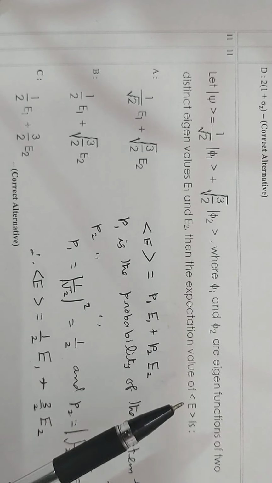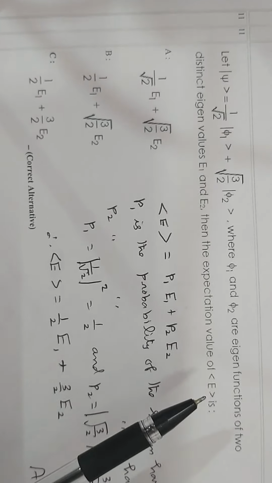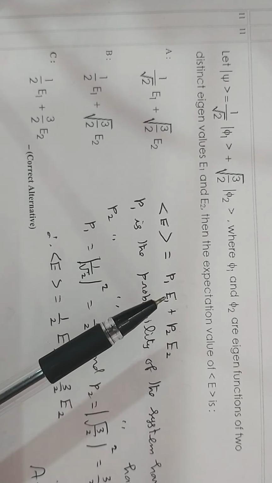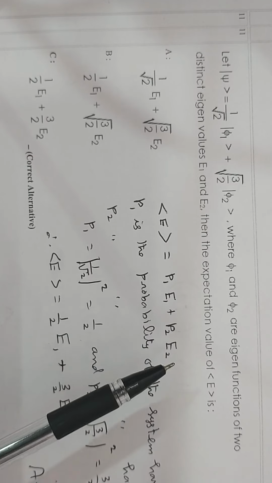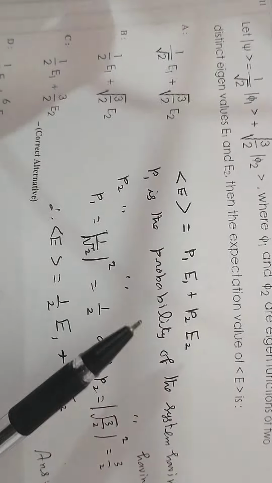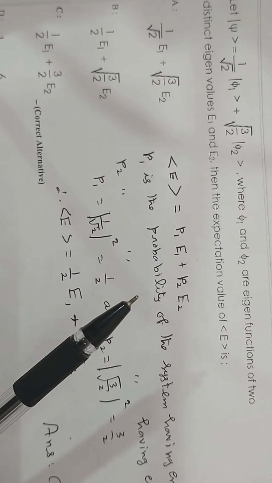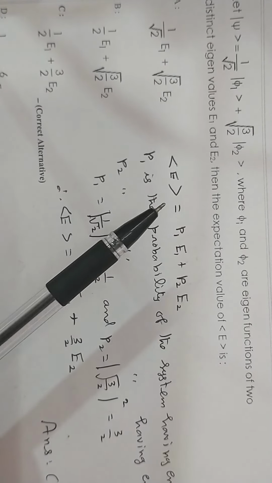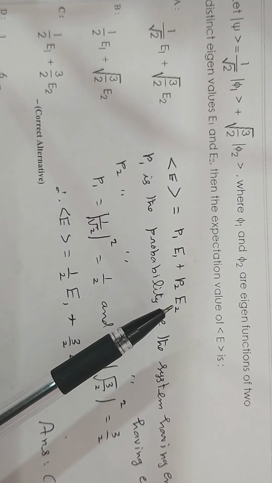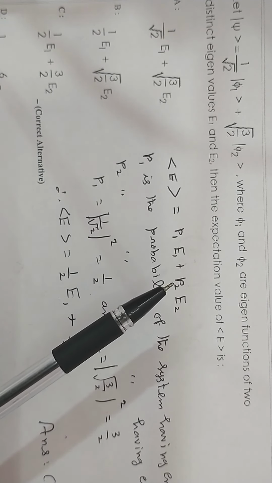Then the expectation value of E. So the expectation value of the energy is equal to P1 times E1 plus P2 times E2, where P1 is the probability of the system having the energy E1, because it is having only two states. Another state is having energy E2, and the probability is P2.